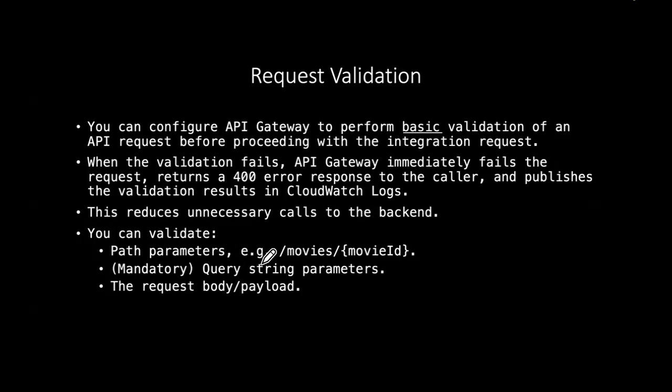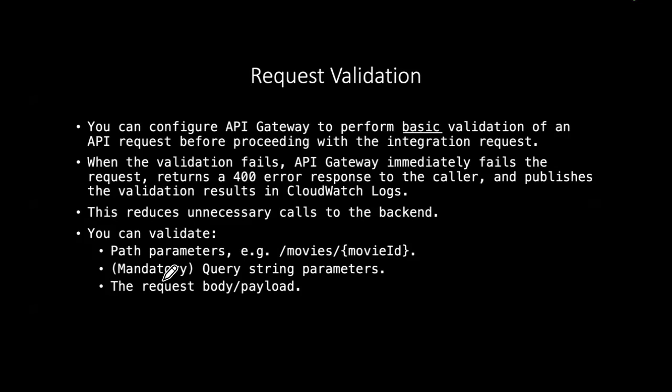But for query string parameters that are mandatory, you can get API Gateway to validate those. That would apply in our assignment because in the translation endpoint, we have a query string where we specify the language that we want the translation to be done in. Clearly, if that's not included, there isn't much point in sending that request on to the particular Lambda that implements that functionality.